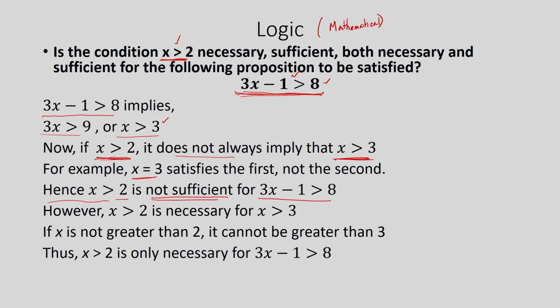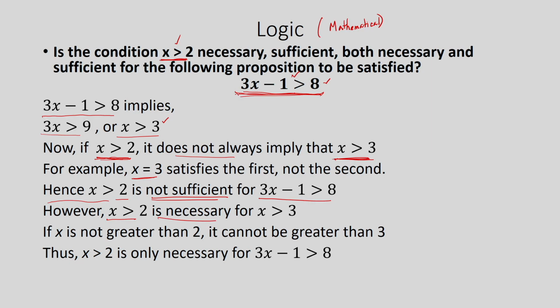Now, the next question is, is it necessary? Is x greater than 2 a necessary condition for 3x minus 1 strictly greater than 8? And here actually the answer is correct, that x strictly greater than 2 is necessary for x strictly greater than 3.